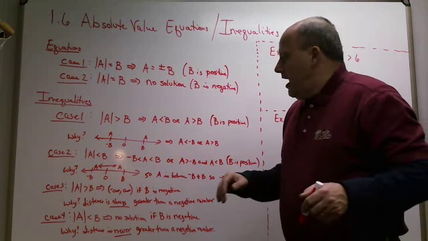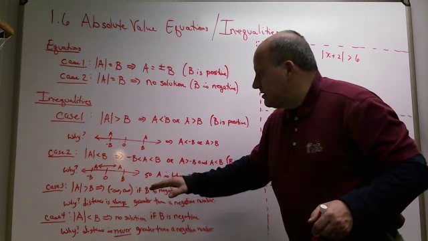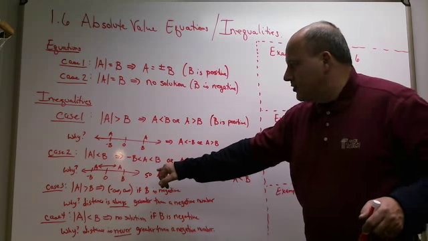And when B is positive on this next one, when the absolute value of A is less than B, that implies A is between negative B and positive B. A lot of people write it this way: A is greater than negative B and A is less than positive B. I don't particularly like this method, but I like this method better because of the way I explain why this is true.